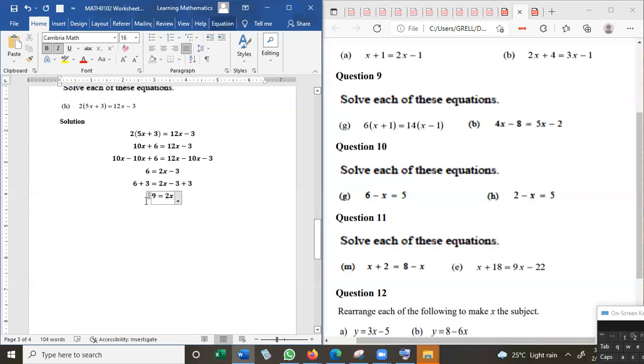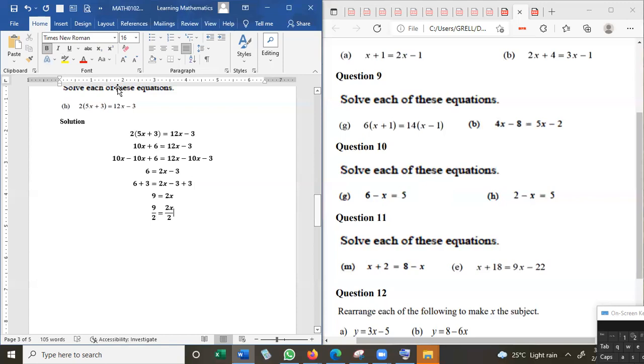And to divide by 2 on both sides: divide by 2 on the right, divide by 2 on the left. It doesn't matter even though we get a fraction. If you want, you can convert it to a decimal.